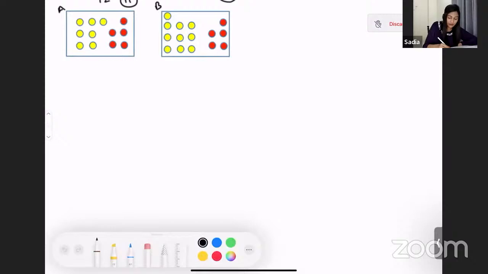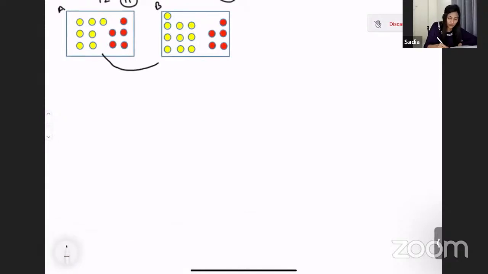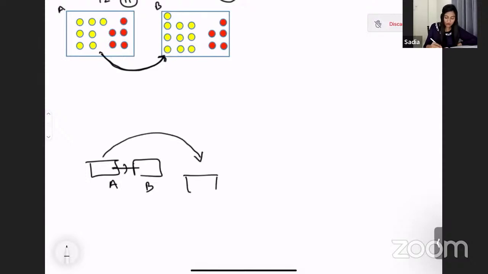So at the very first phase, we will just remove one yellow from bag A to bag B, right? The first phase is that we need to remove one from A to B. And then you select one from A and two marbles from B, in total three marbles. So this can be red, red, red, or yellow, yellow, yellow.